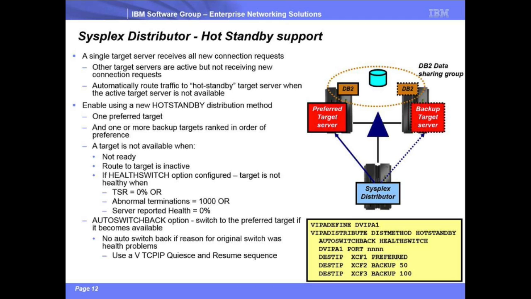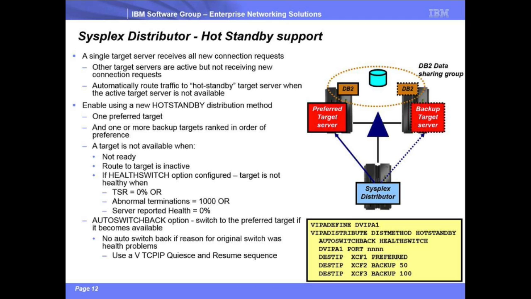But if the issue is actually a problem with the application itself, that it's not healthy in some way, then if it appears healthy, that's probably because it's no longer processing new connections. And so we don't want to switch back to that target server, because the implication is that it really probably is not available.